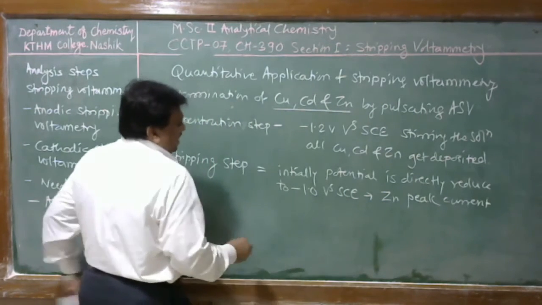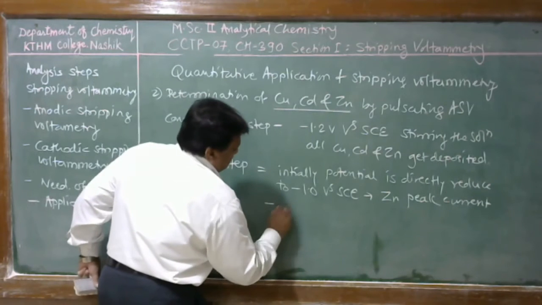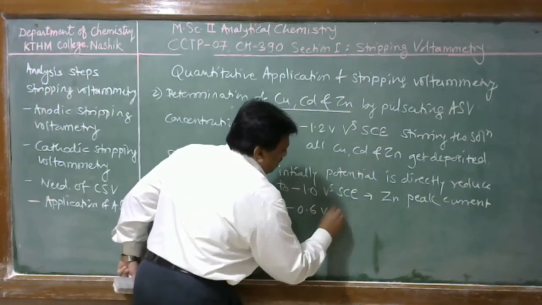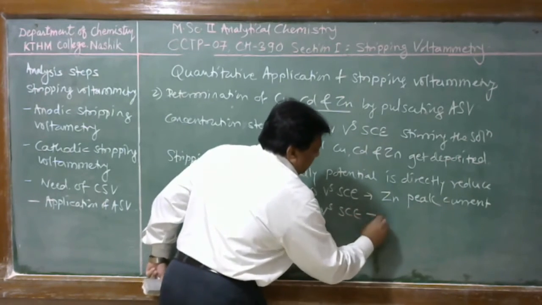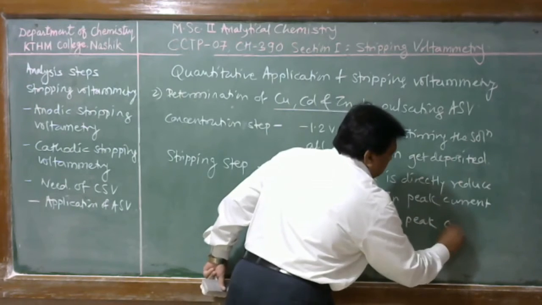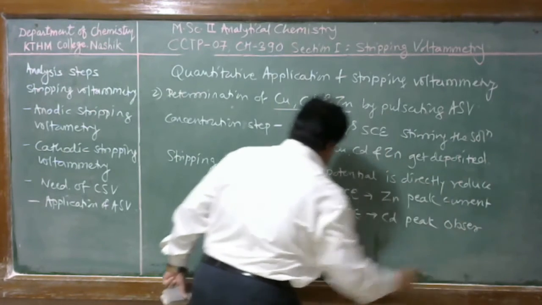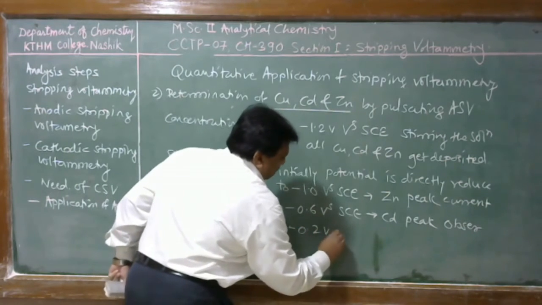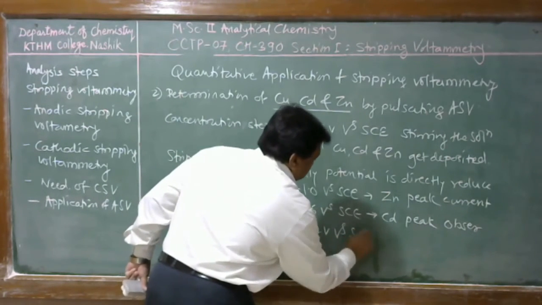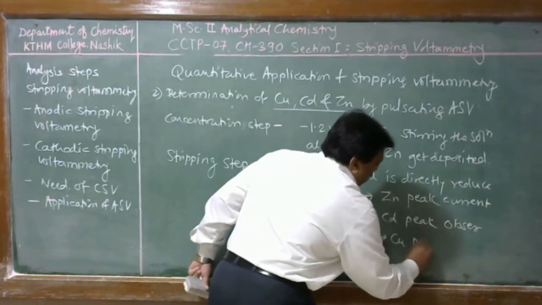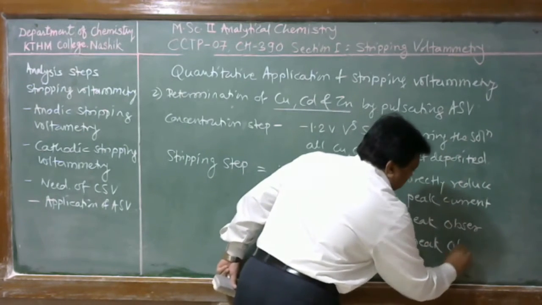Then potential is directly reduced to minus 0.6 volt, so that a cadmium peak is observed. And third case, potential is directly reduced to minus 0.2 volt versus saturated calomel electrode, so that a peak current for copper is observed.